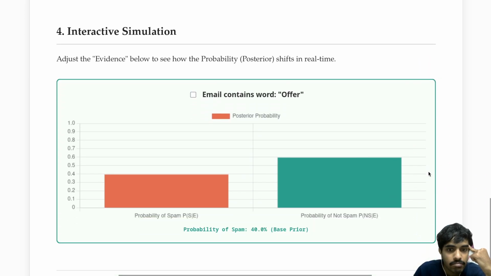Next is an interactive demo to show how this algorithm works. Currently the bar chart shows our prior, and here the orange part is spam, which is low at 40%. But look what happens when we verify the evidence, right?